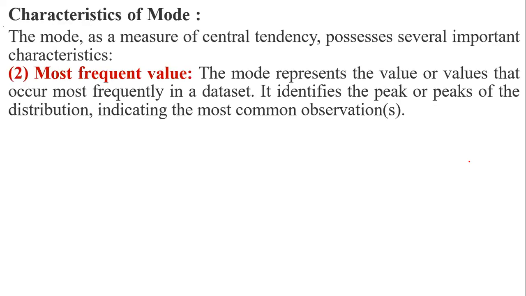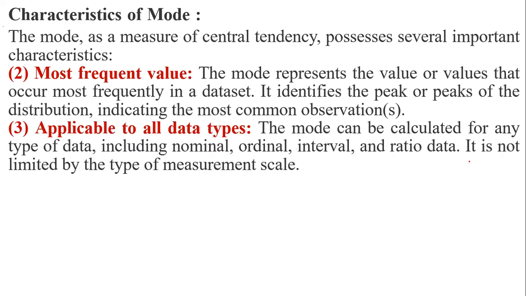Secondly, the mode represents the value or the values that occur most frequently in a dataset. It provides the peak or peaks of the distribution, as I said, indicating the most common observations.